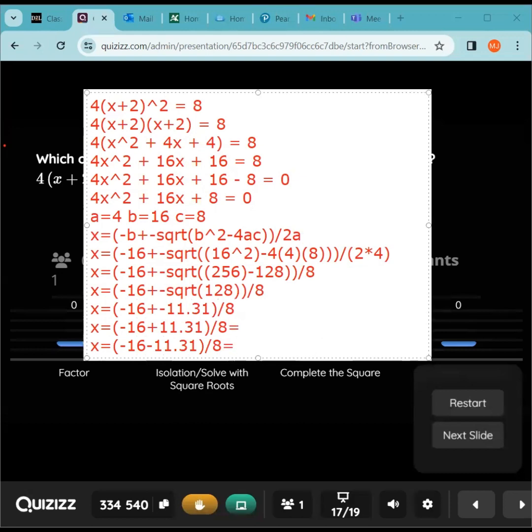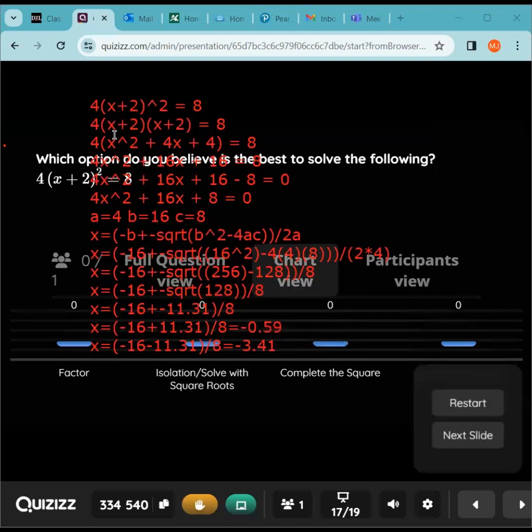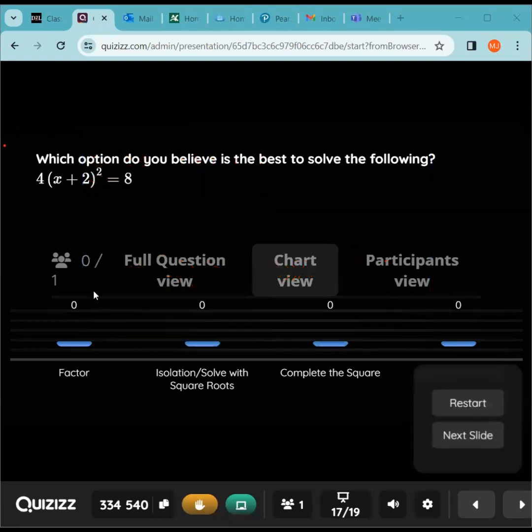So negative 16 plus 11.31 divided by 8 is negative 0.59, and then minus, negative 3.41. Yeah, so that's how you use the quadratic formula.